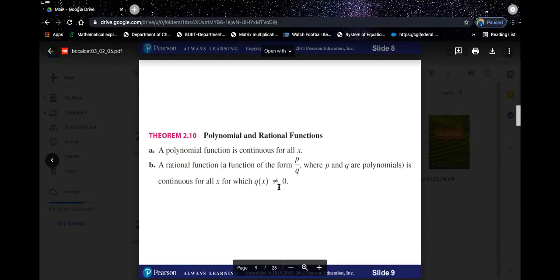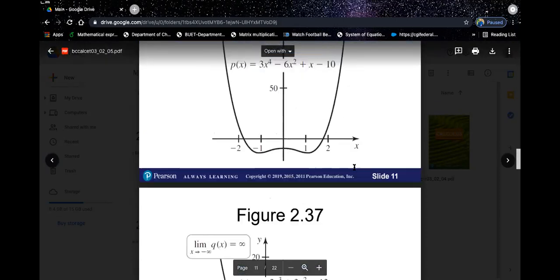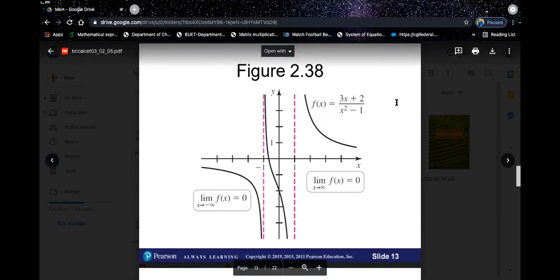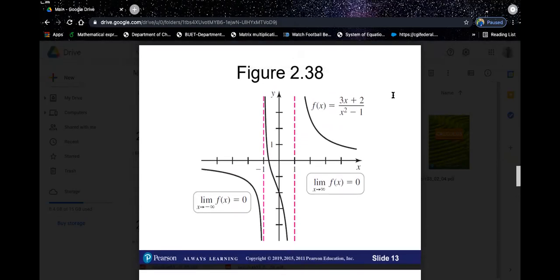And the next one is a rational function. That means a function of the form p over q is continuous for all the x where the denominator is not 0. And why is that? Again, let's see one example of it. Here you go. You can see the denominator is 0 for plus and minus 1, right?